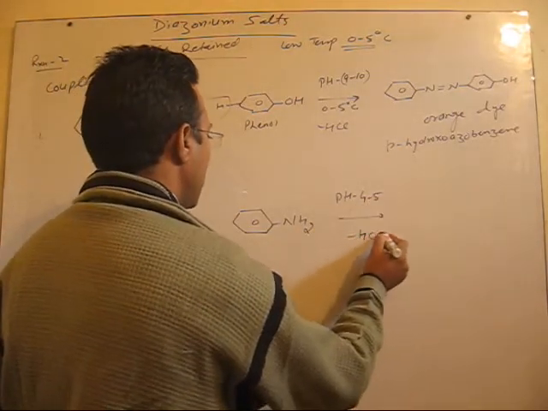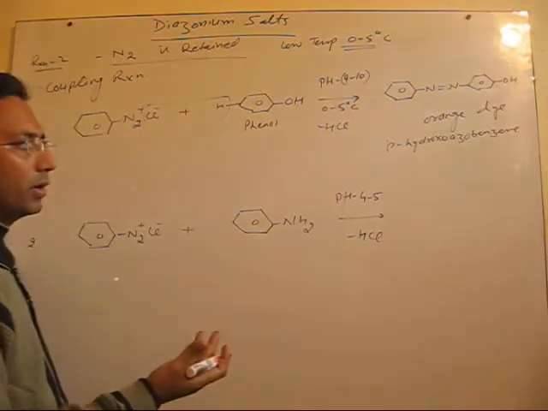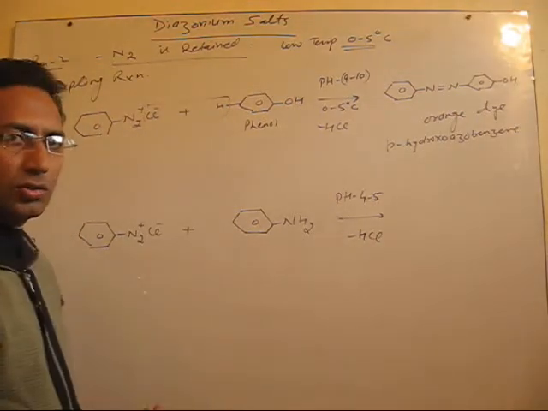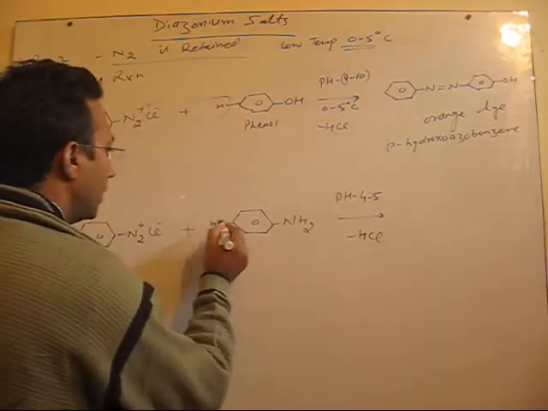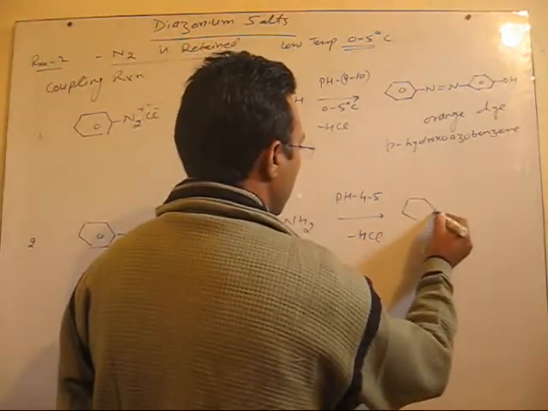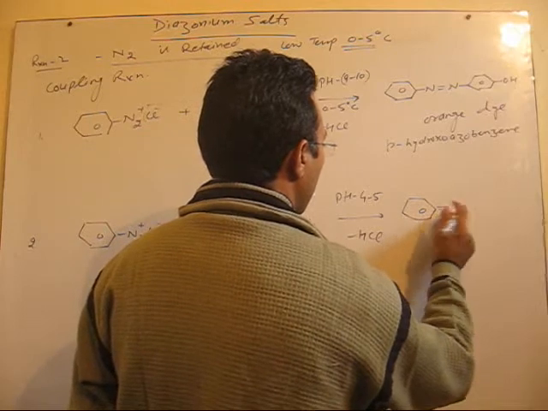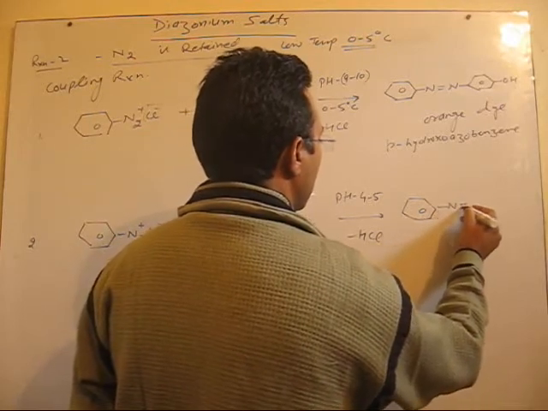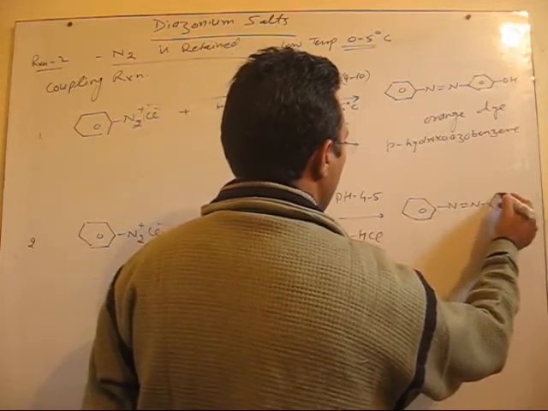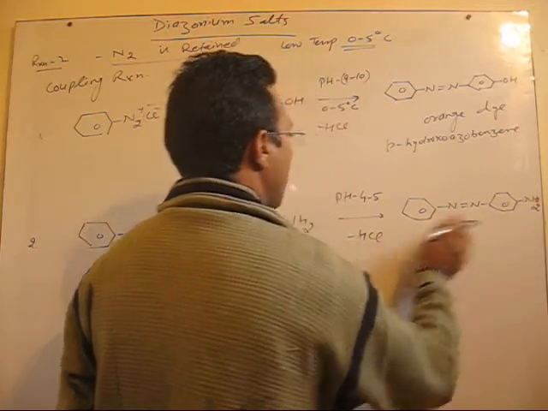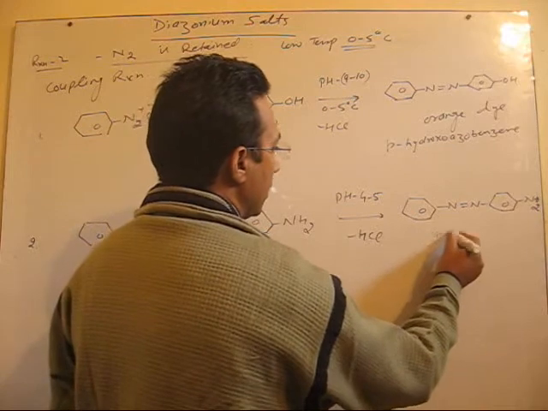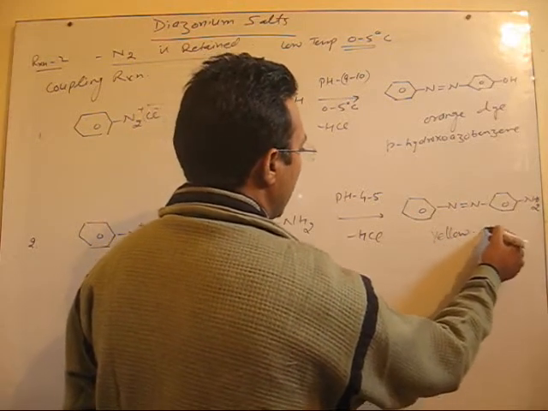With loss of HCl, I am going to write the overall product, which is the rearranged product here. In a similar way, here also there is formation of para amino azobenzene. This is para amino azobenzene and it is a yellow colored dye.